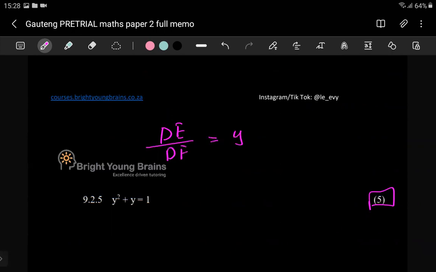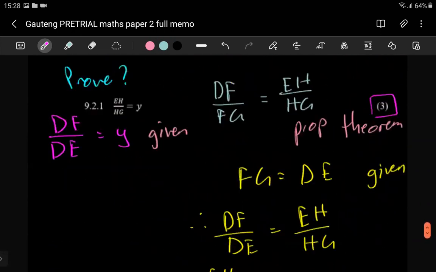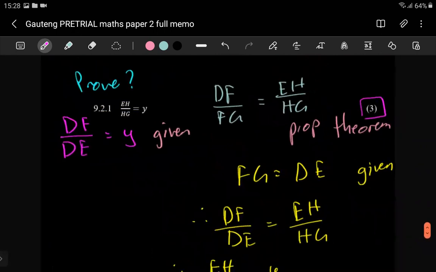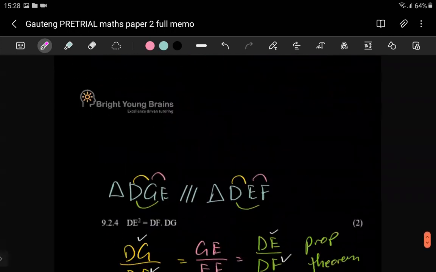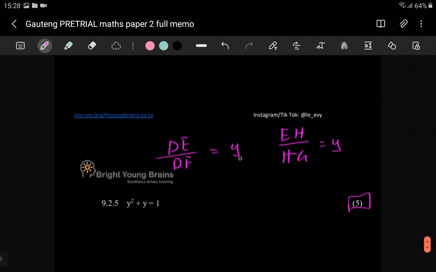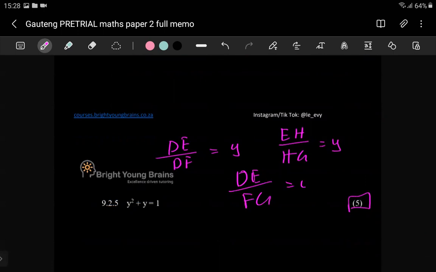We also have that EH over HG is equal to y, and that DF over FG is equal to y. So let's write it down: DE over FG is also equal to y. So many things here are equal to y.